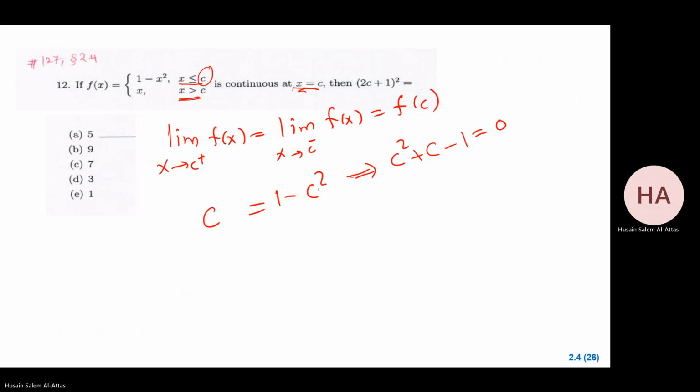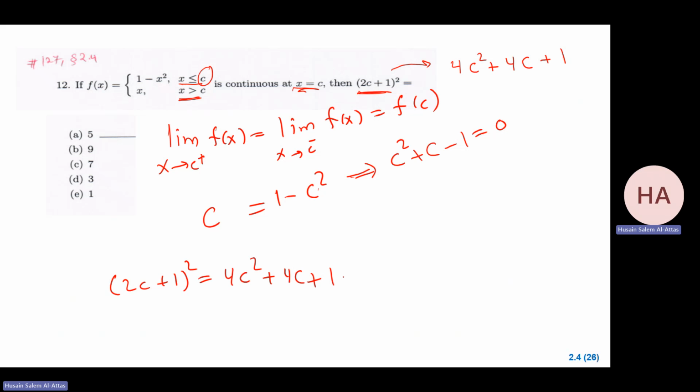Let's see what will happen. Okay. Now I'm looking for 2c plus 1 squared. I'm not looking for c. So if you open this, this is the trick. If you open this, this is 4c squared plus 4c plus 1. Notice here that c squared plus c is equal to 1.